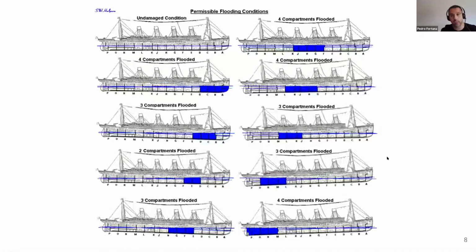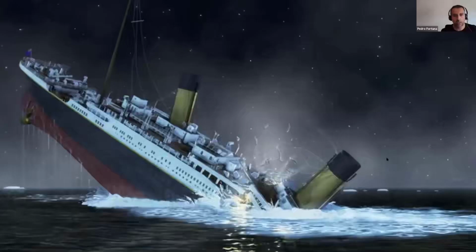But depending on the exact location of the hit, at best, it could withstand the flooding of up to 4 compartments without sinking. So you know how the story ended. It collided with an iceberg that resulted in the flooding of the forward 6 compartments. Even though it did not end well, compartmentalization was a great idea, and it's still used in ship design to this day.